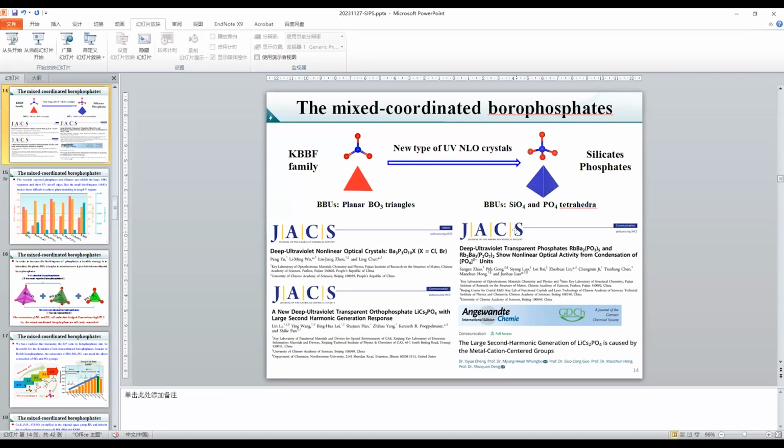But deep UV nonlinear optical materials need a large SHG response and a large birefringence to achieve phase matching.